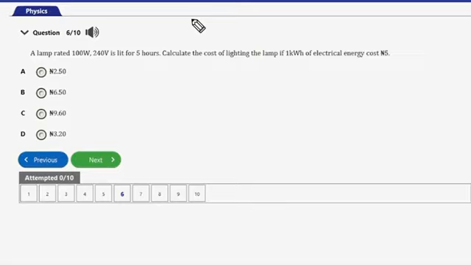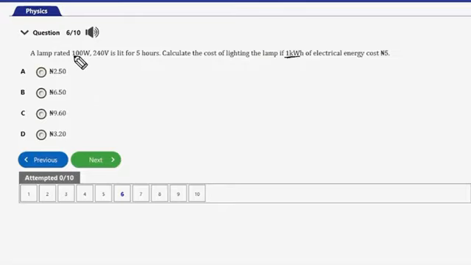for 5 hours. So guys, in order for us to calculate for this, we're going to have that the energy consumed here will be the power times the time. But let's recall that here the power is actually supposed to be converted to kilowatts, so that we can have everything in the same unit.